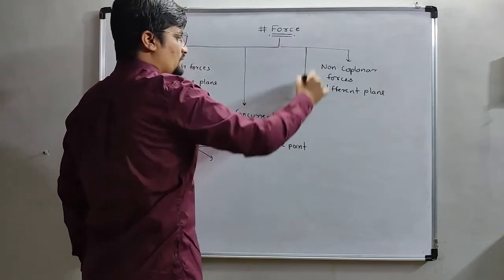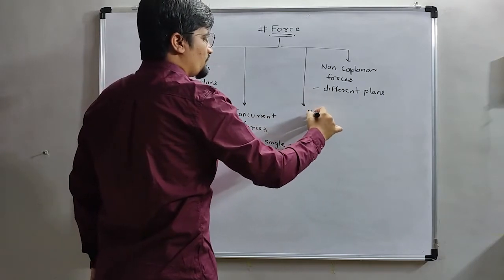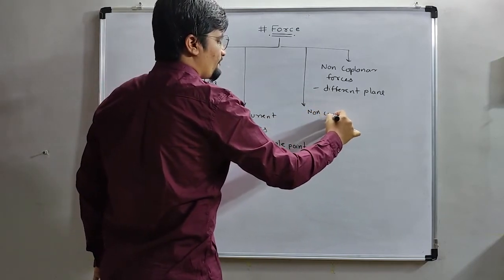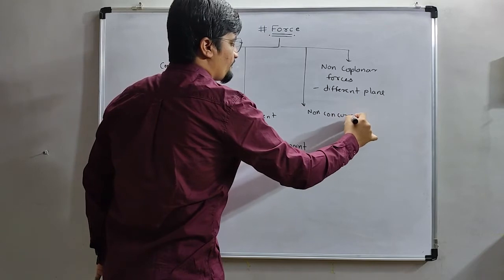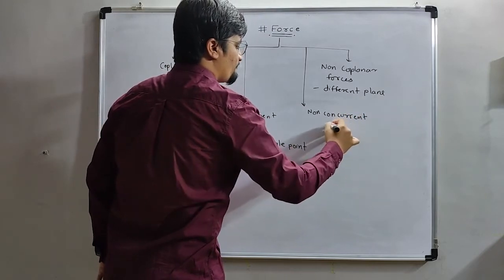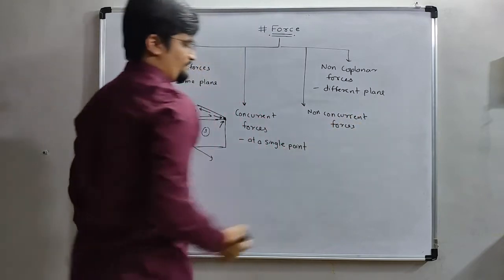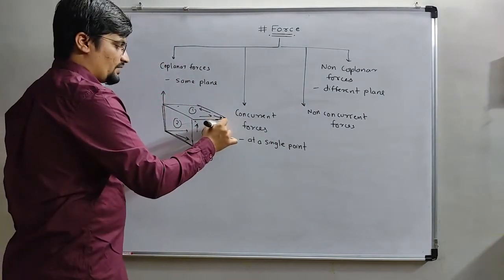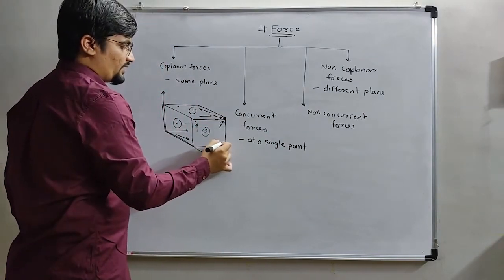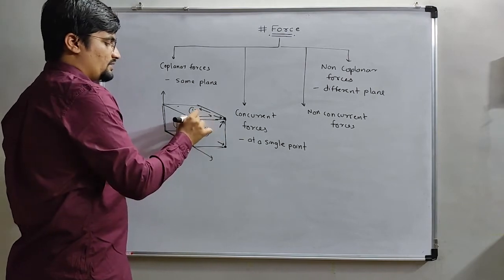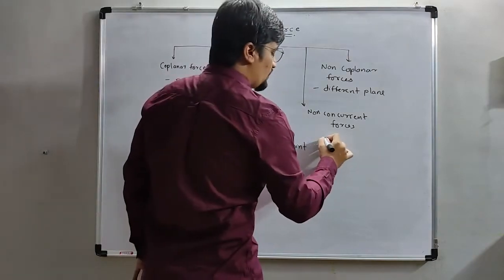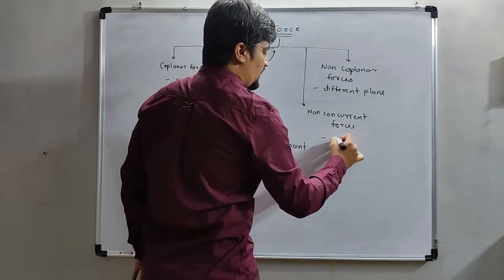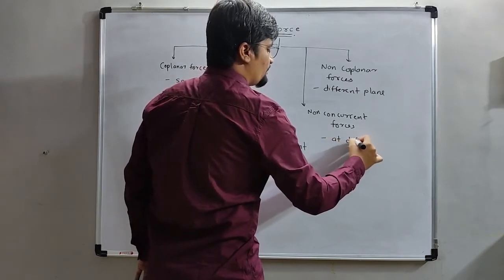Another one is non-concurrent forces. At different points, means one is occurring at this point, another at this point, another at this point. So they are known as non-concurrent forces, at different points.